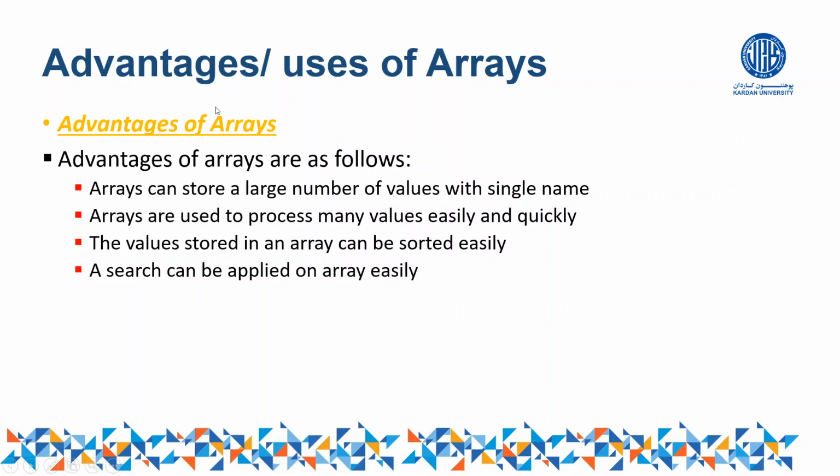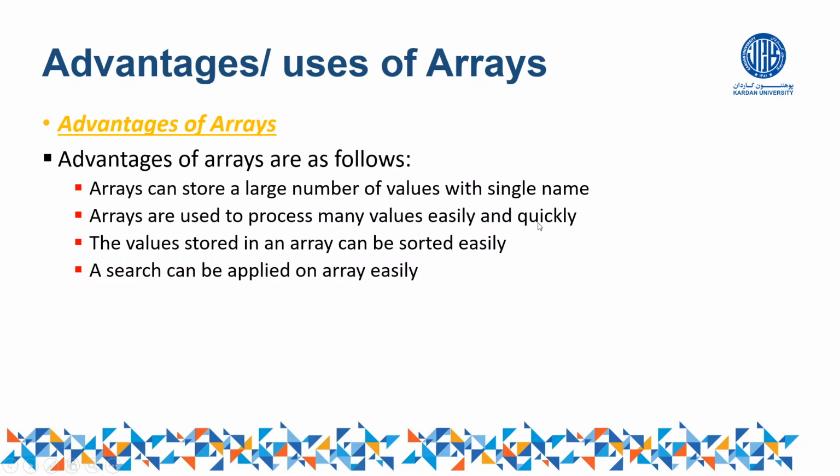Advantages or uses of arrays: remember that an array can store a large number of values with a single name. As we have discussed, we can store a very large number of values with a single name. So arrays are used to process many values easily and quickly.